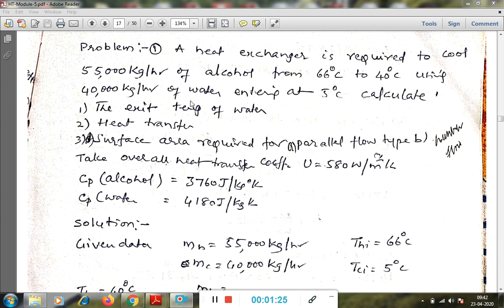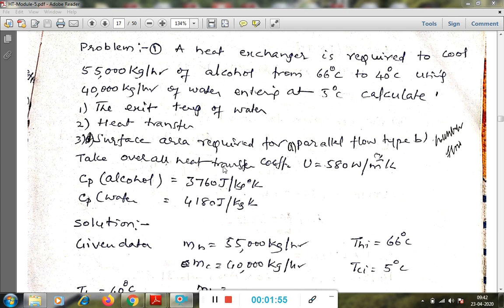Using 40,000 kg per hour of water, this is the cooling water, the cold fluid, entering at 5 degrees Celsius. Calculate the exit temperature of the water, second, the heat transfer, and third, the surface area required for parallel flow type and counter flow type.